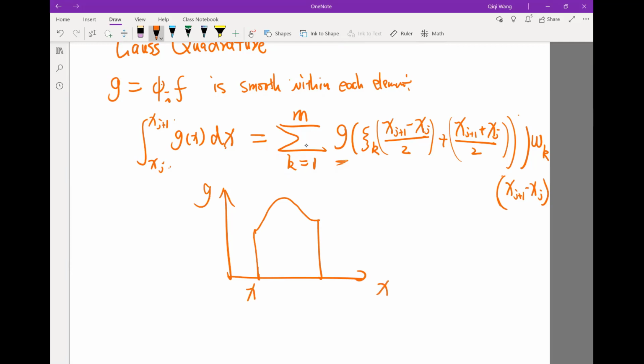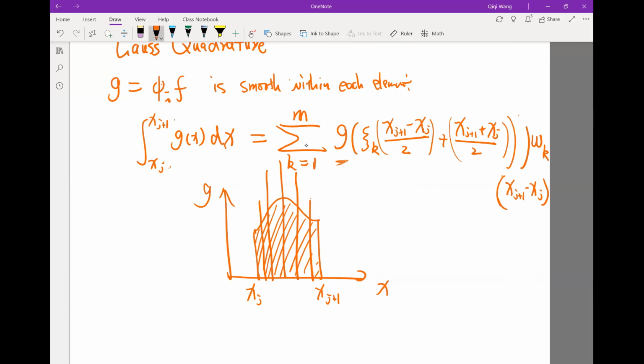Instead of having to integrate, which is calculating the area below this function and requires the value of the function at every x, I'm just approximating that with a few points, each point associated with a different weight.